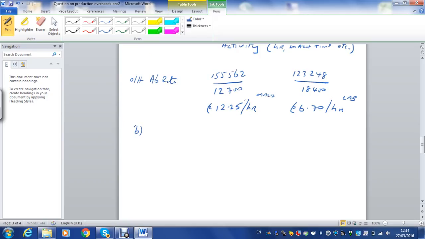Now part B is an interesting question, because it's going back to product X, and we've already worked out, if you remember the grid, we had three bits in here. And we might as well just go up to the question just to remind everyone.